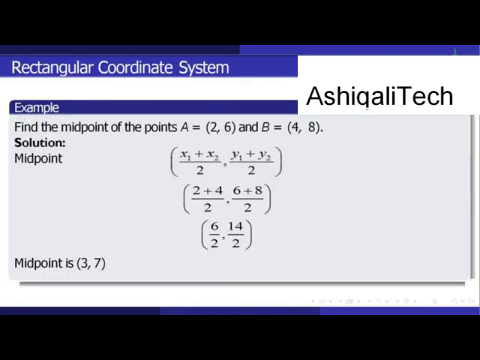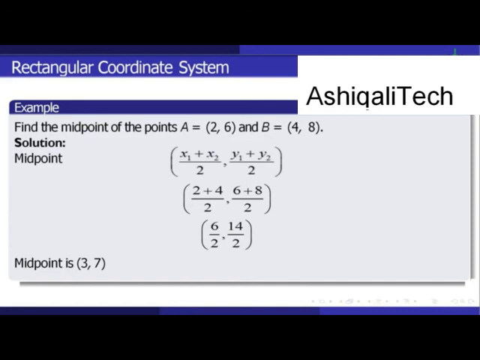Now we give an example of the midpoint formula. Find the midpoint of the points A = (2, 6) and B = (4, 8). Solution. First we write the midpoint formula, that is (x1 + x2) over 2, (y1 + y2) over 2. Now we substitute the values of x1 and x2, that is 2 and 4.